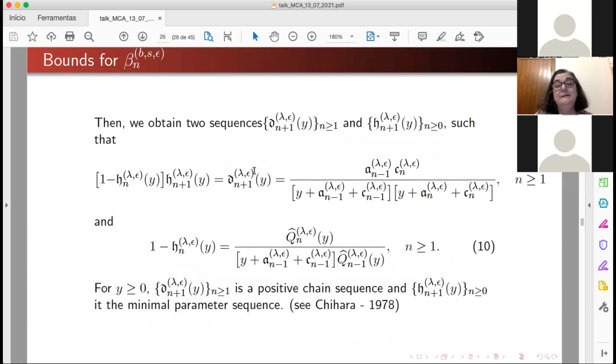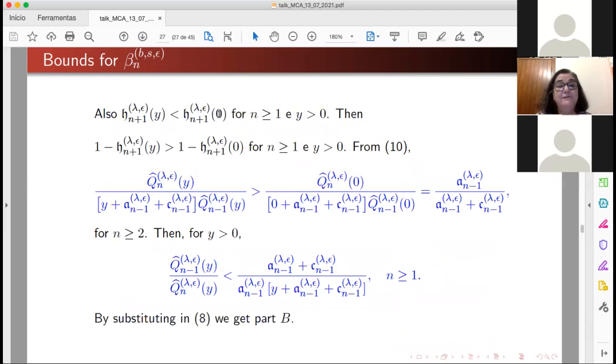So we use actually this d1 plus 1, that is this chain sequence, and here h that is the minimal parameter sequence. We have this property, and some result, for example, from Shihara, we know that when y equals 0, the minimal parameter sequence is always less than when we have y positive here.